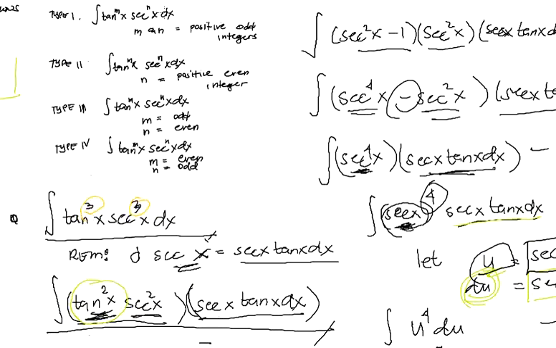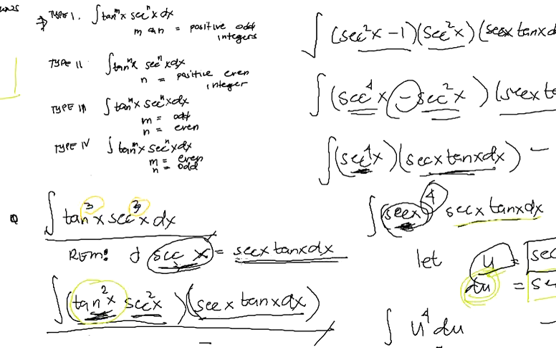If this m and n here are both positive odd integers, then we are under type 1, and our technique is that we imagine that the derivative of one of the functions, secant, is just the combination of these two combined functions here. So we have the derivative of secant x is just secant x tangent x.